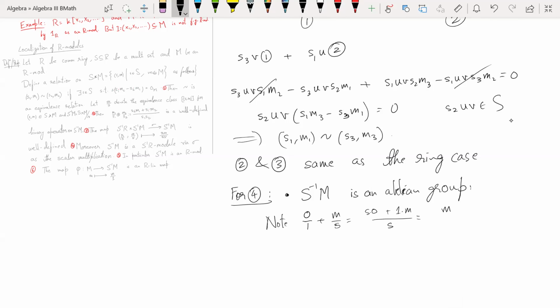So the numerator is M and the denominator is S. So 0 over 1 is the additive identity, or the identity of this group.